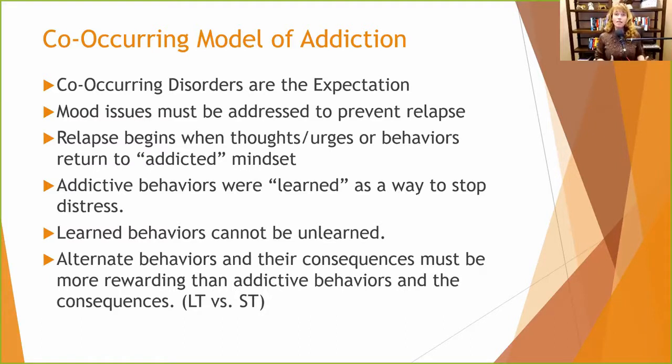So it's important to understand that people may not have initially started out self-medicating. They may have started out using just recreationally, and then something happened and they used a little bit more. And as they used more, their brain chemicals got progressively out of whack, and then they started needing to use to feel normal.